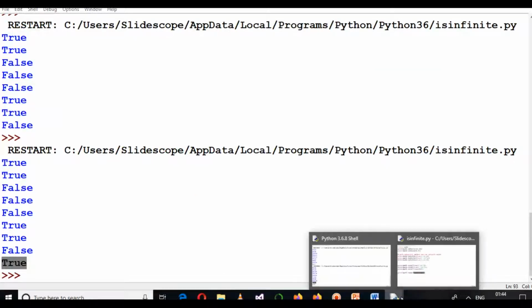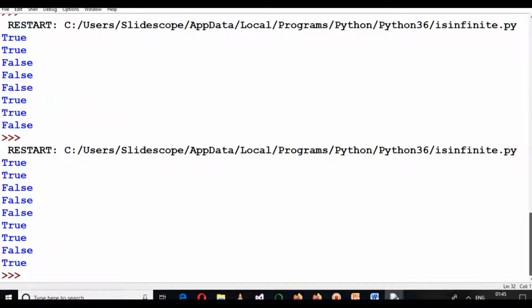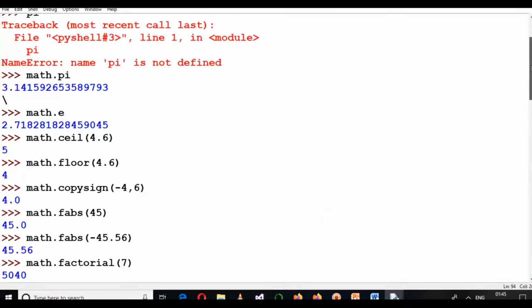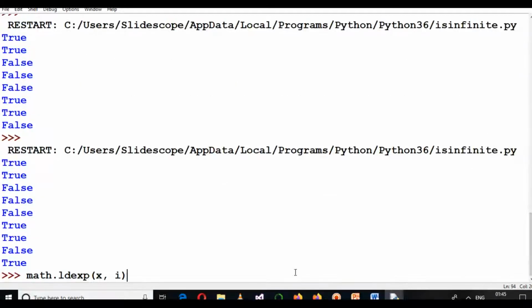So here in the example of frexp, we did math.frexp(3). The value that we got for frexp(3) was 0.75 and 2. So I'm going to write 0.75 here and 2 here.